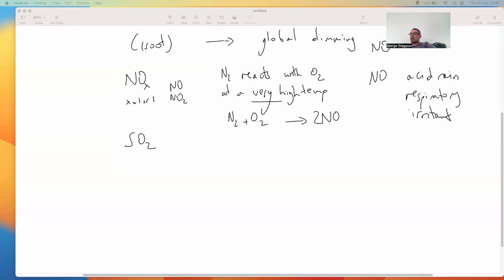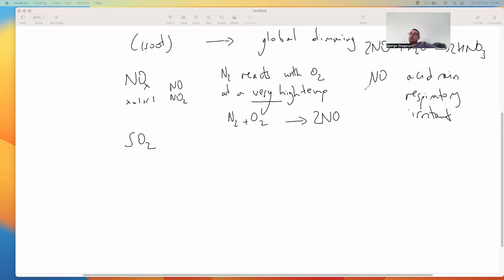NO can react with rainwater to make HNO3. Put a 2 here and put a 2 here. Let's see what happens. It's balanced. 2 H's, 2 H's, 2 N's, 2 N's, 2 times 3, 6 oxygens. 1, oh, it's not balanced. 1 plus 2 is 3.